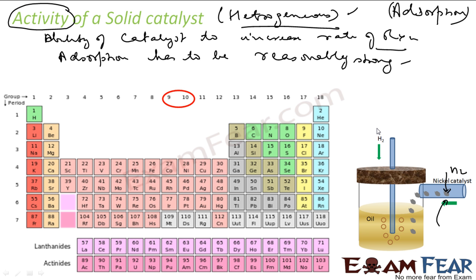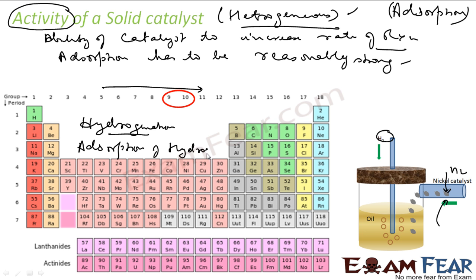So it is found that the catalytic activity for hydrogenation, I'm talking only about hydrogenation, increases from group 5 to group 11. If I'm talking about hydrogenation, I'm talking about adsorption of hydrogen, right?